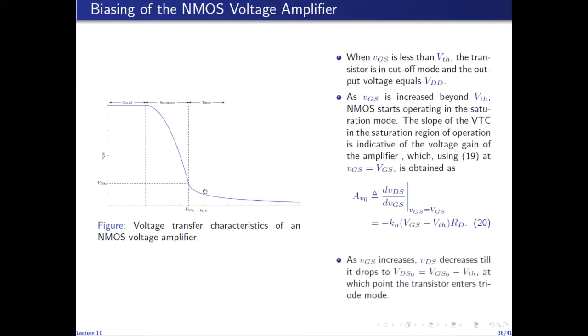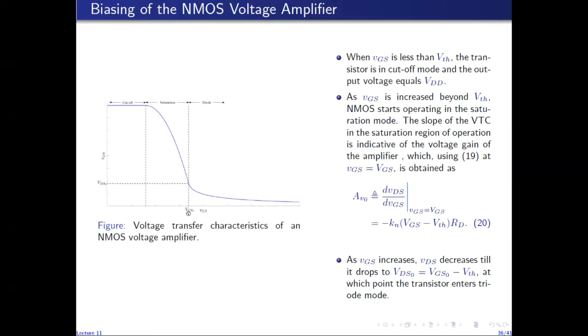You can see that the drain to source voltage becomes almost constant. So there is almost no gain in the triode mode, and there is definitely low gain in the cutoff mode. The only appreciable change in the output voltage for a change in the input voltage is observed when the device is operated in the saturation mode, and this is the resulting gain.